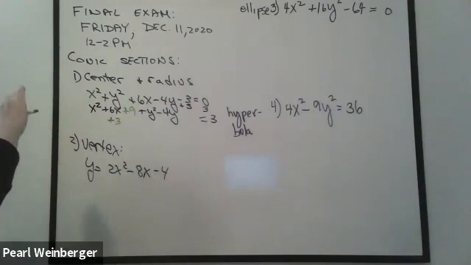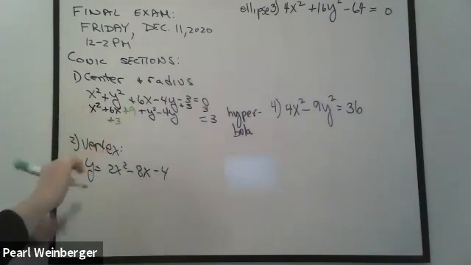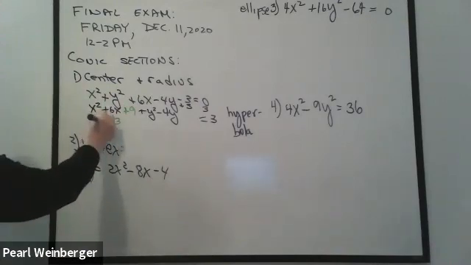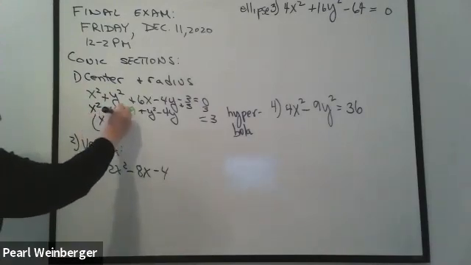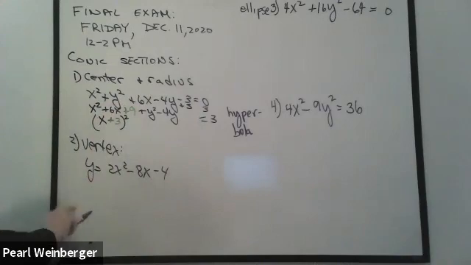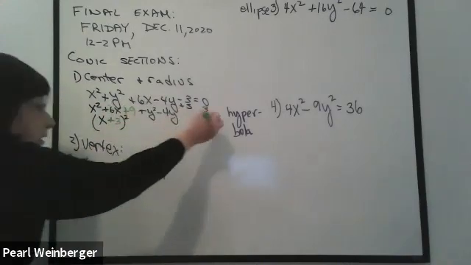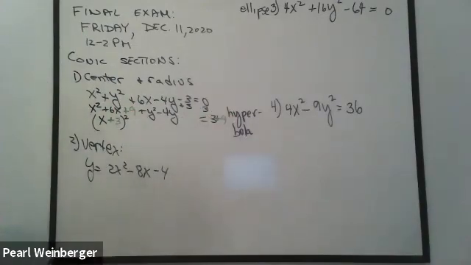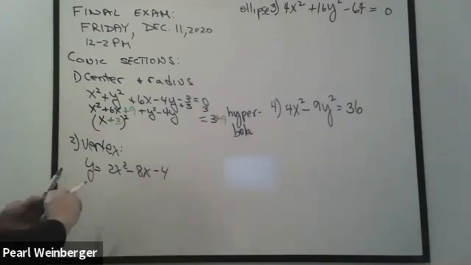So x squared plus 6x plus 9 turns out to be the binomial x plus 3 squared. Notice, since I added 9 over here, I better add 9 over here as well, because I've got to keep my equation balanced.